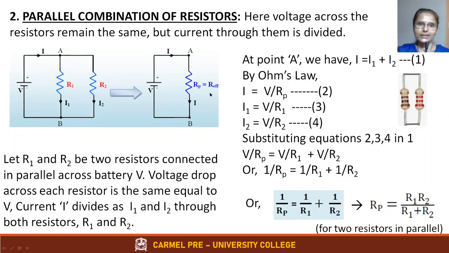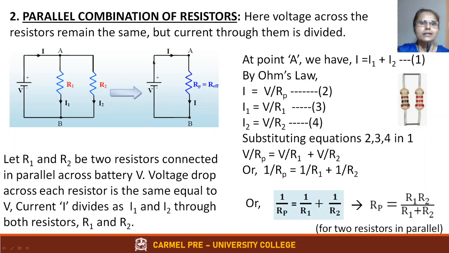If we call that RP, the parallel equivalent resistance or effective resistance, then this can be replaced by one single resistance RP and the voltage supply as it is. So we have to find the equation for RP.